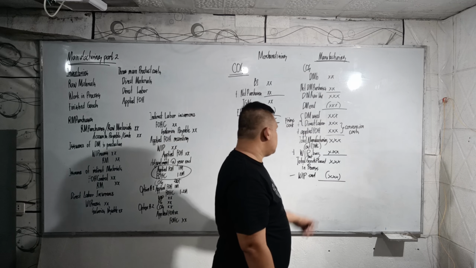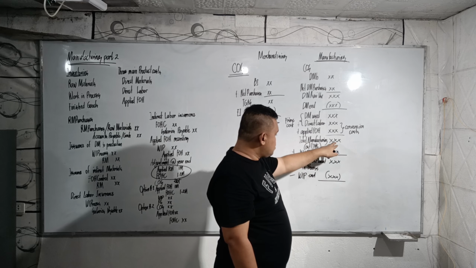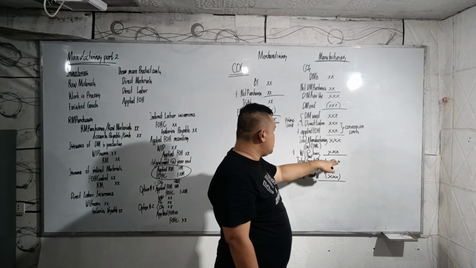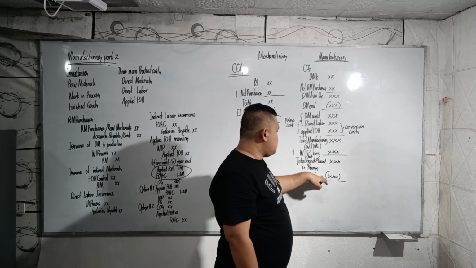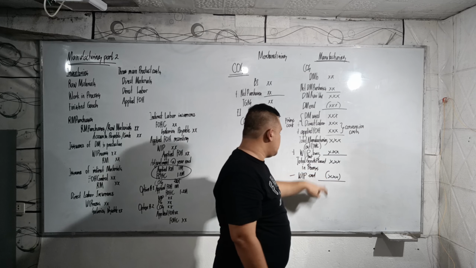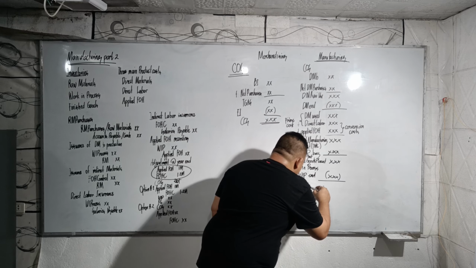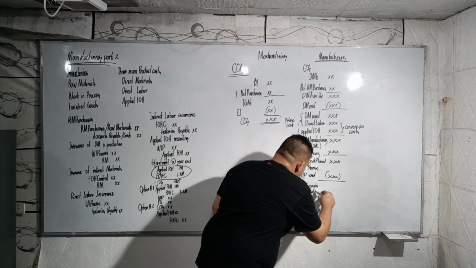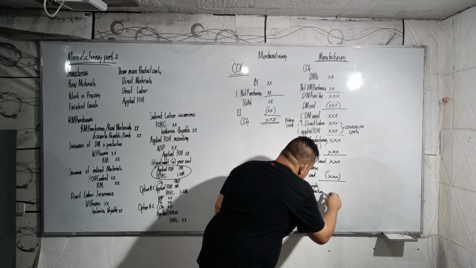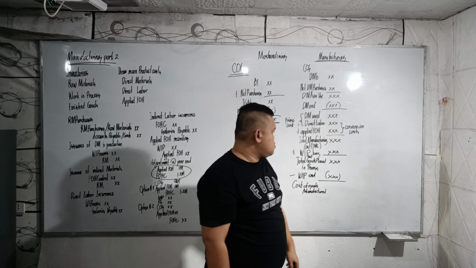So the total goods placed in process, the total cost now, plus the cost of the beginning work in process, since it was not yet finished, minus this one here is the cost of goods manufactured. Cost of the goods that are finished.